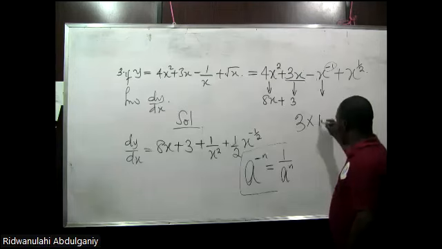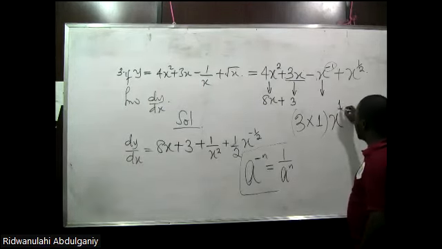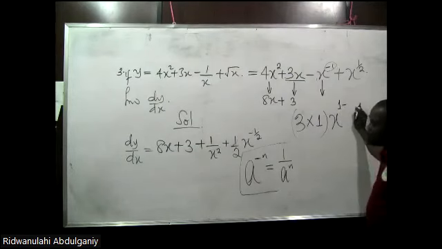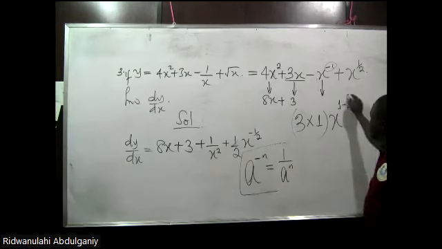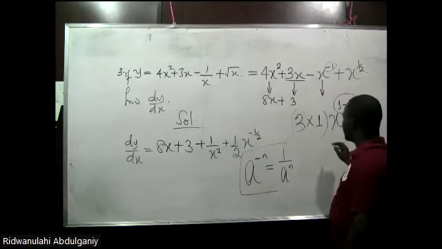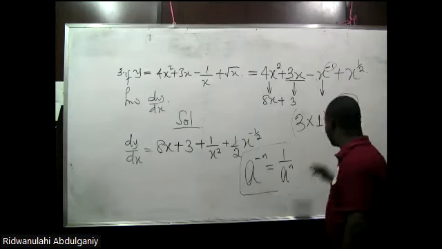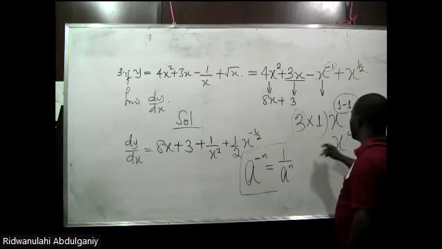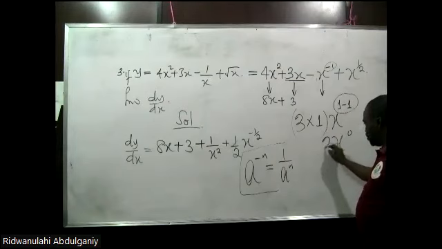Thank you. x raised to the power invisible 1 minus what? 1. 1 minus 1 is 0. So x raised to the power 0. 3 times 1, 3.